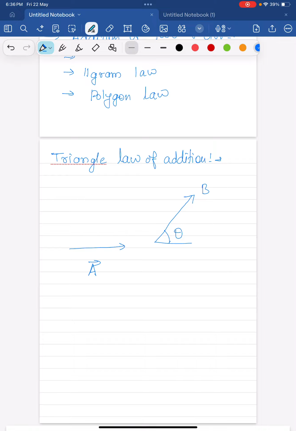The triangle law of addition states that if we add two vectors, then the resultant quantity will also be a vector quantity. It means if we add two arrows, we will get a new arrow.